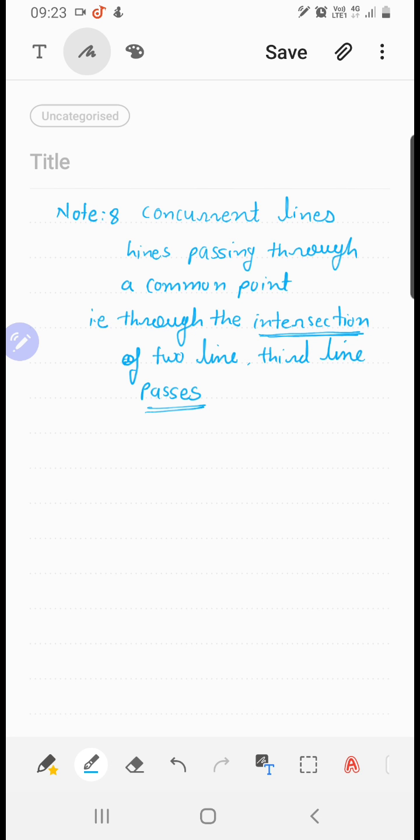In step number 1, solve any two equations to get the point of intersection.